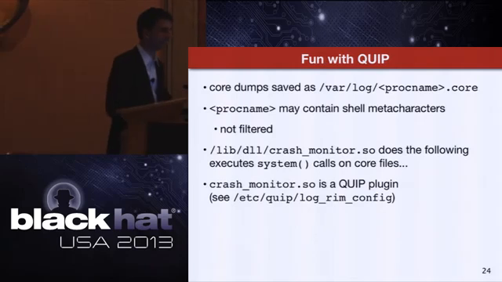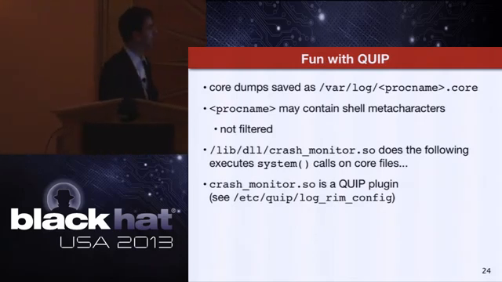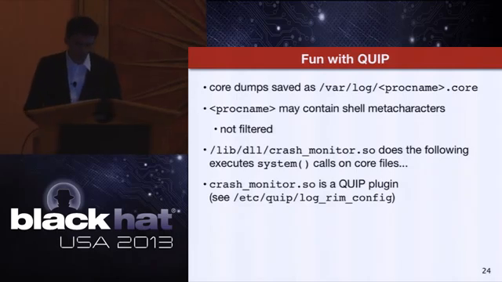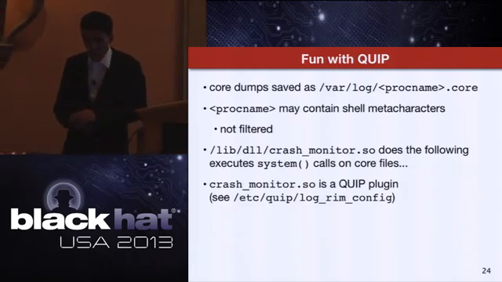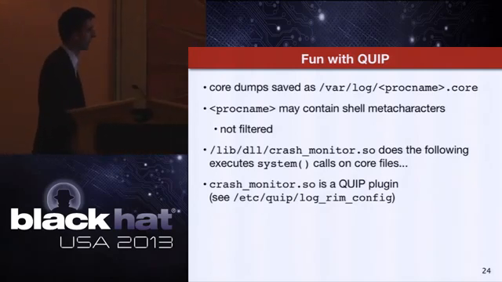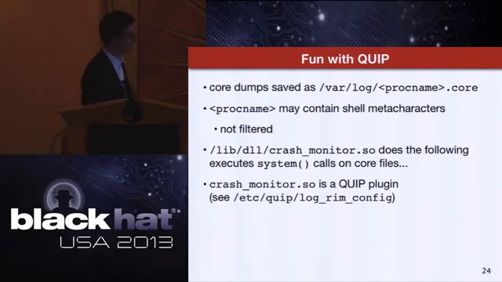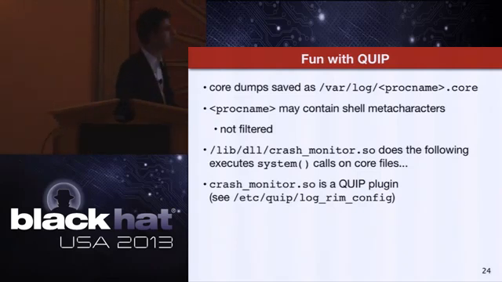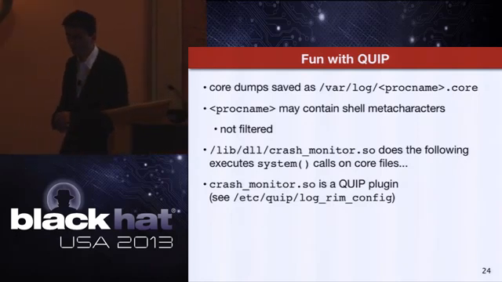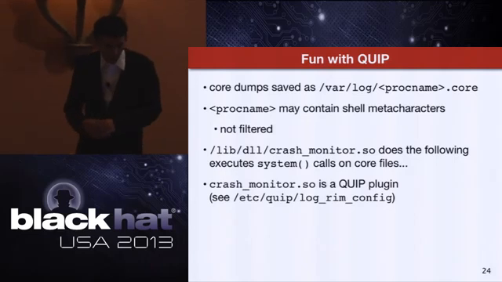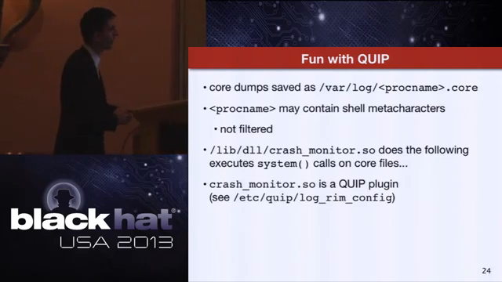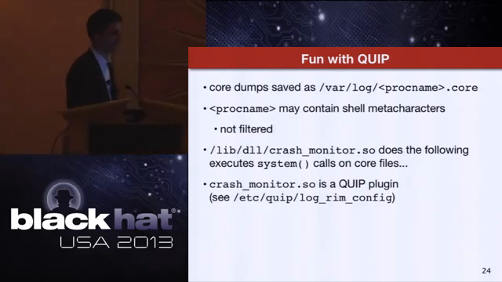And for instance, there's a plugin for this quip that looks at the crashes, at critical crashes. Crashes are stored in var log, and they're stored according to the process name that has crashed. And again, there's no filtering going on on any of the characters, so the process name may contain shell metacharacters as well.